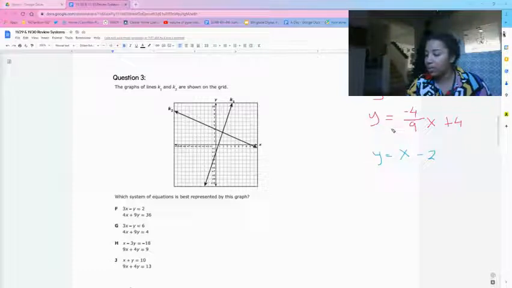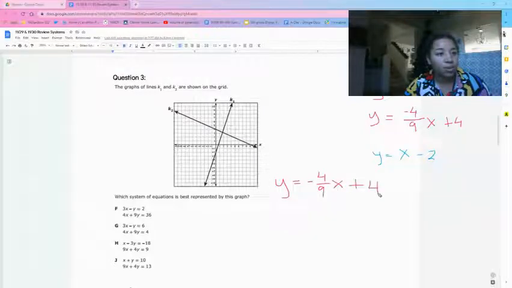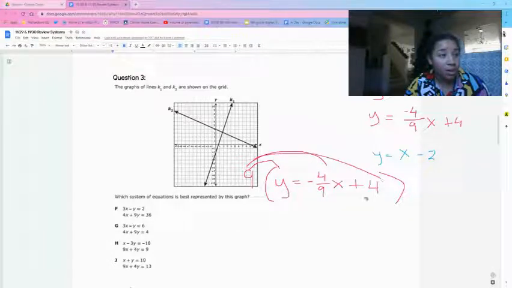So we're going to start with the pink one. Y equals, oh no, that's supposed to be pink, Miss Whiting. Y equals negative 4 over 9x plus 4. The first thing I notice here is that none of these answer choices have a fraction. So I'm going to get rid of the fraction by multiplying everything by 9. This by 9, this by 9, and this by 9.